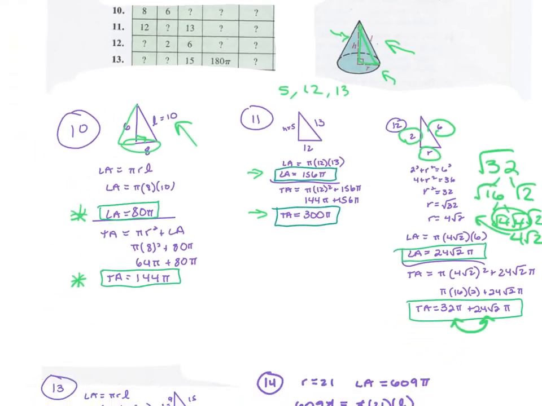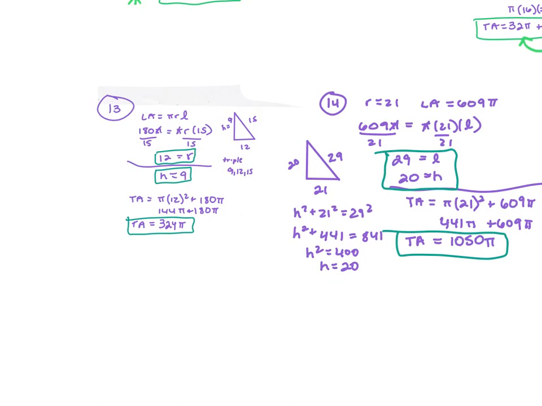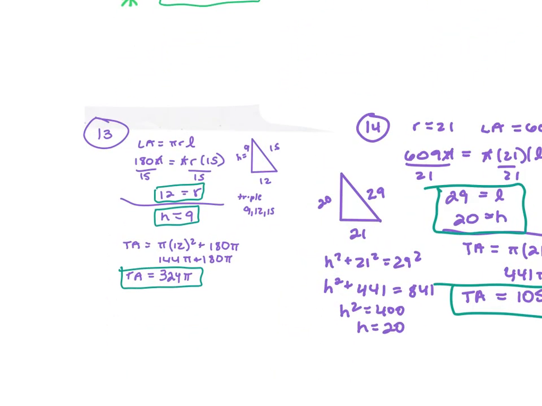And then numbers 13 and 14. 13, we were given the slant height and the lateral area. So again, I'm going to put it into that formula and then solve for r. Once I find r, then again, I can do my right triangle. Again, it's a scaled up 3, 4, 5. They times all the sides by 3.